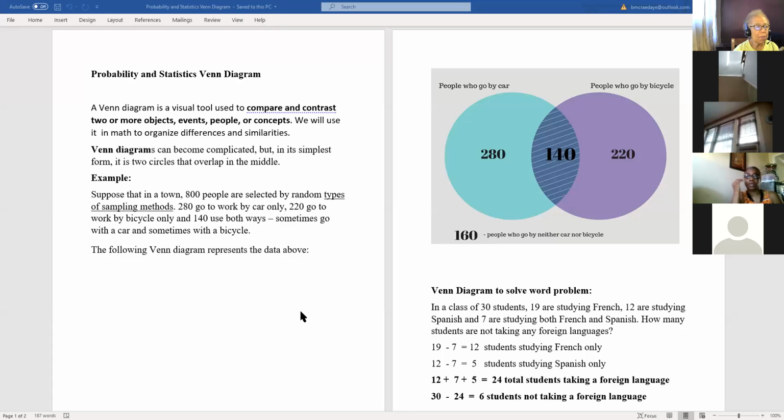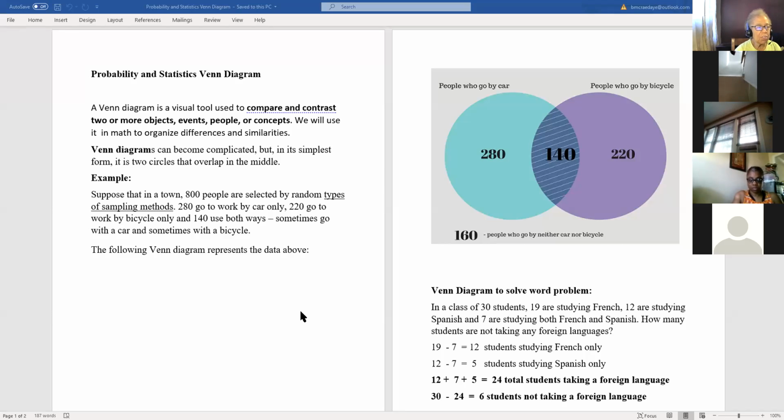A Venn diagram is just a visual way of comparing objects or events. In math, it usually refers to events or objects, and it could be more than two circles, but we'll only deal with two circles.